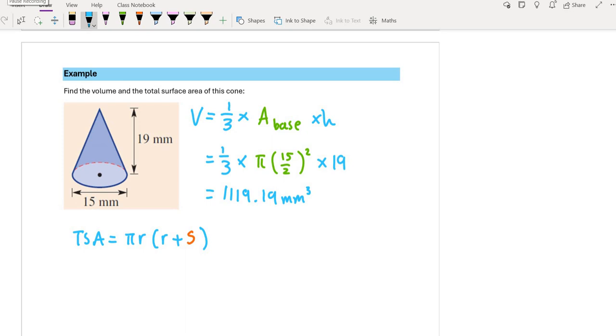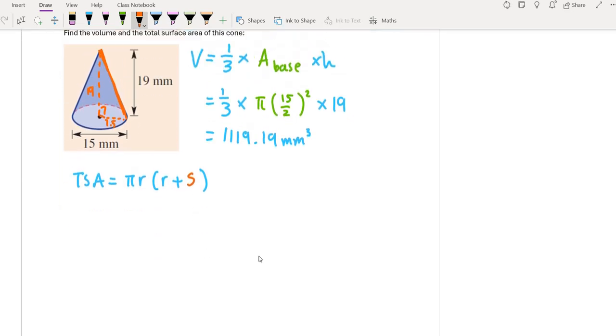Now for our total surface area, this is our formula, but we do need to know the slant, but it's not given to us here. This is the slant. We don't know what that is. However, we do know what this is. It's this 19, the height, and we also know what this is, and that's 7.5, which is the radius of the circle.